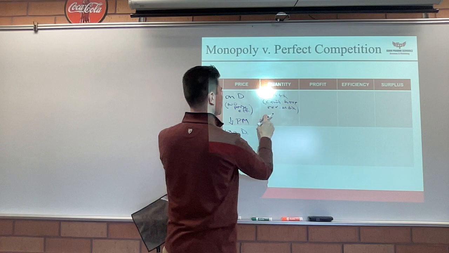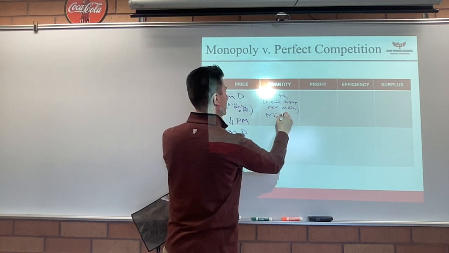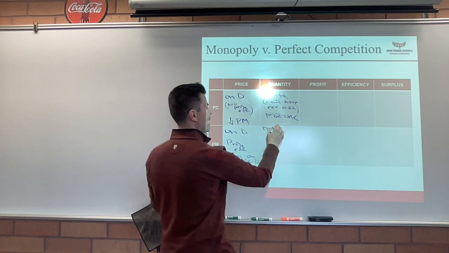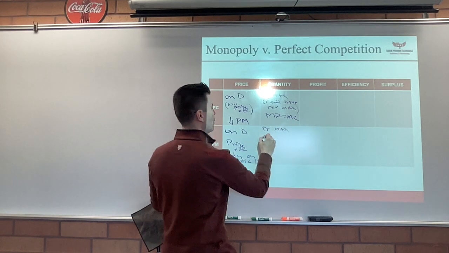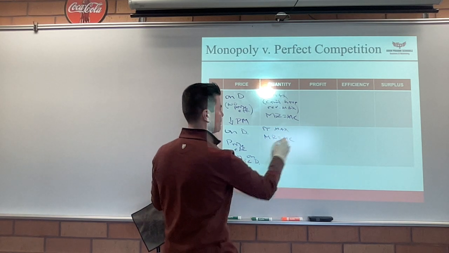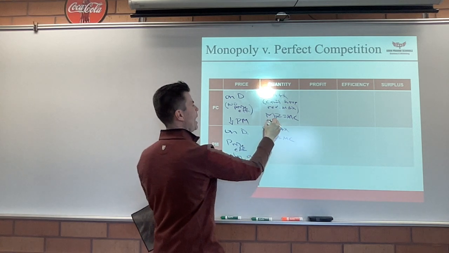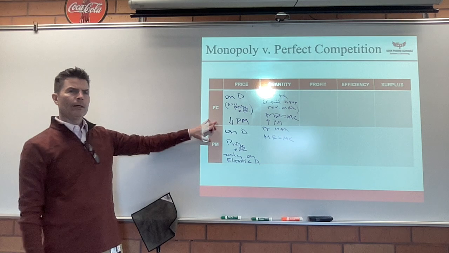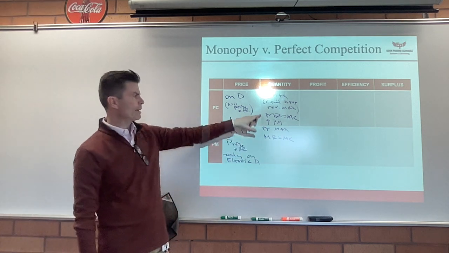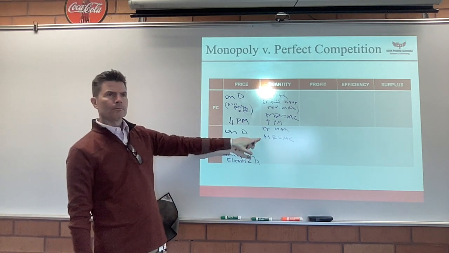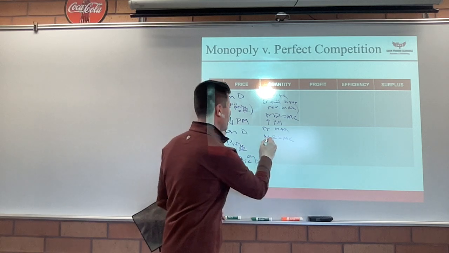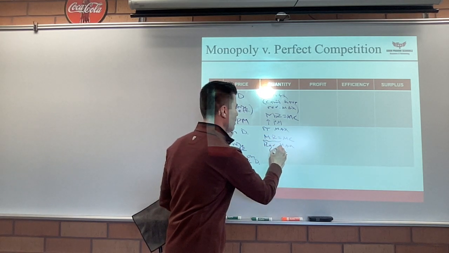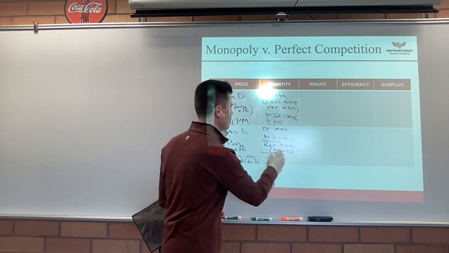And where is the quantity set here? The quantity is set at MR equals MC. And if we have a profit maximizing monopoly, well, we also produce where MR equals MC. But perfect competition has a much higher quantity than a pure monopoly. And I'll add in here that revenue maximizing is where MR equals 0, just to have that in there.